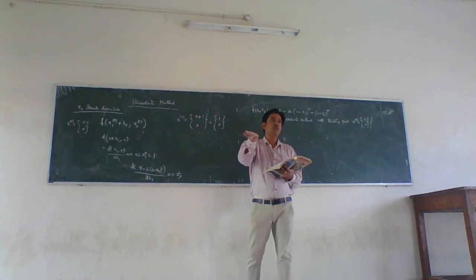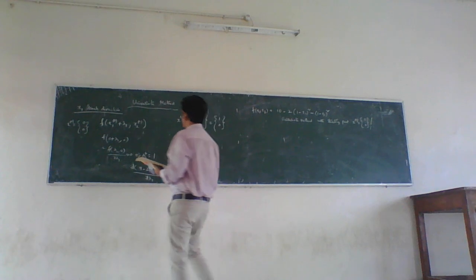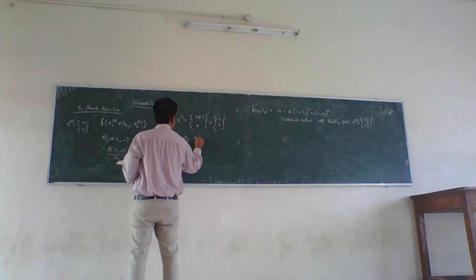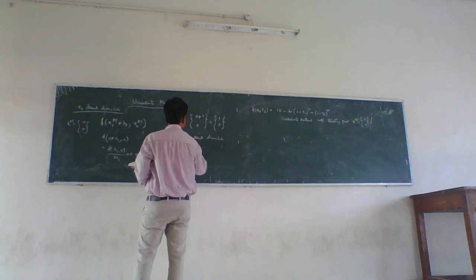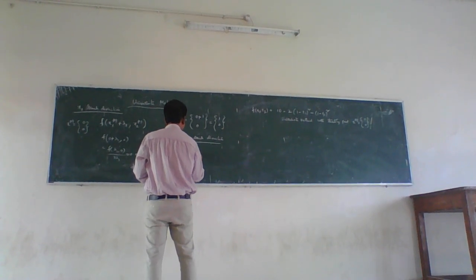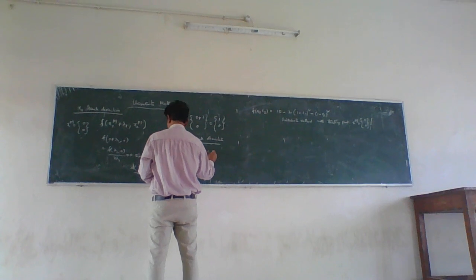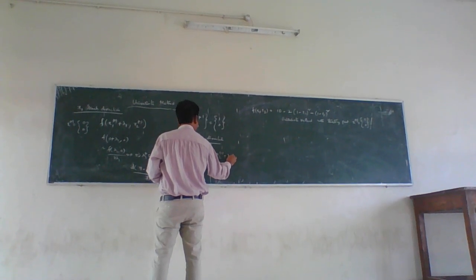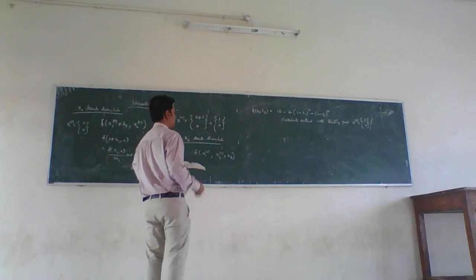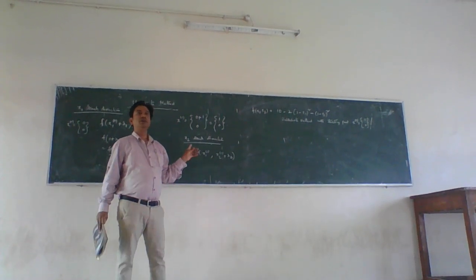Now one direction I have gone through. Now I am moving in another direction, x2 search direction. So what is my x2 search direction? f of x1 comma x2 of 1 plus lambda 2.